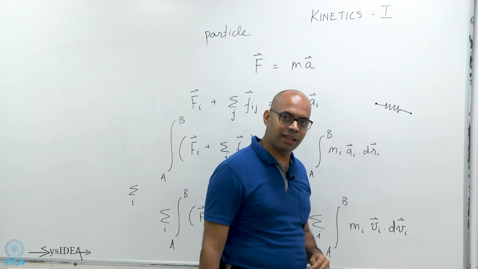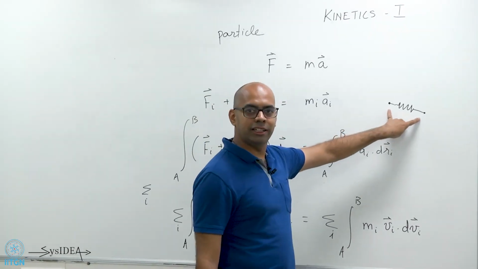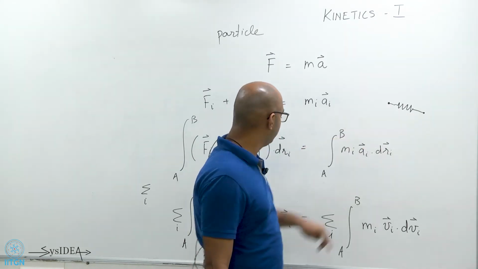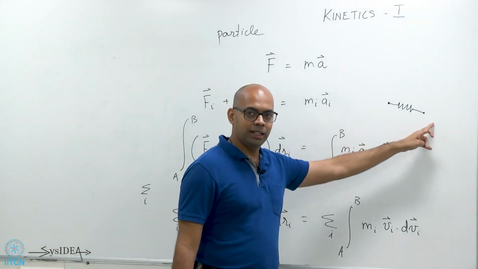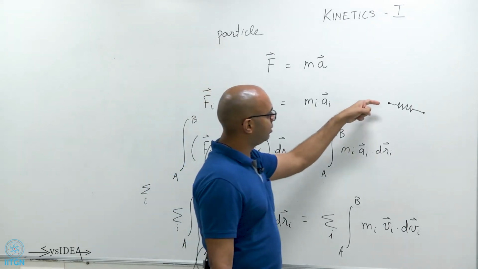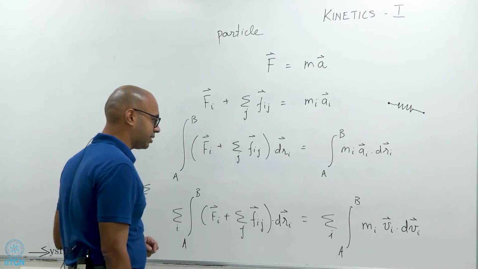The distance between them is fixed. So if there are equal and opposite internal forces acting on two differential elements, then when I do the dot product with dr, even though they may have different displacements, the work done by both of them will be equal and opposite. So that will still cancel out.